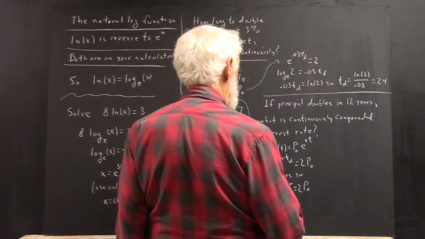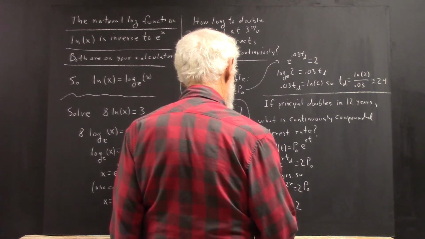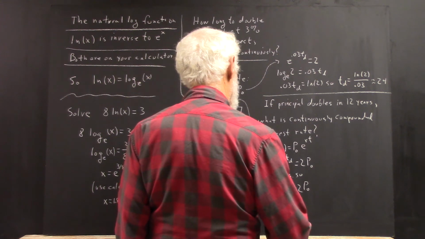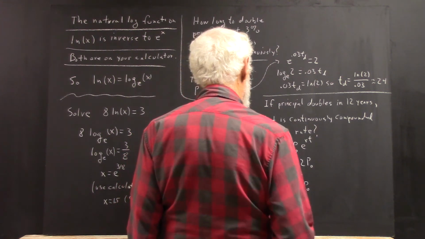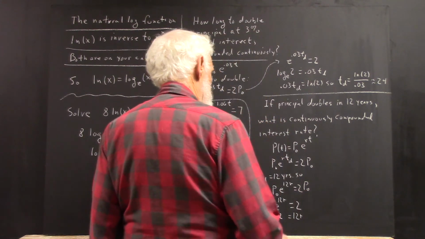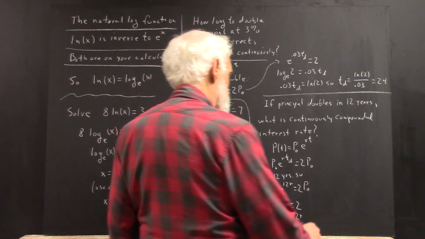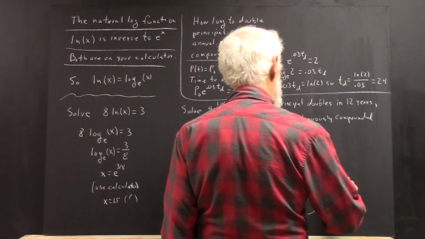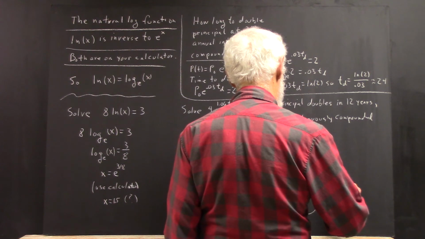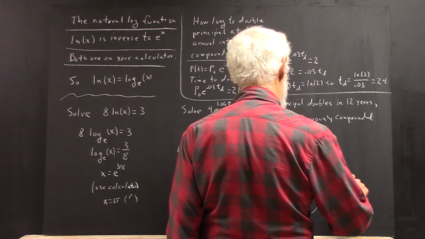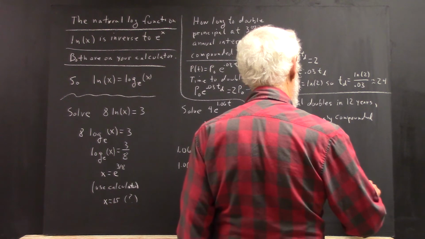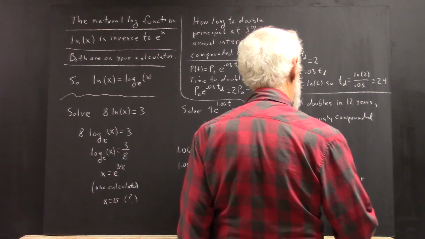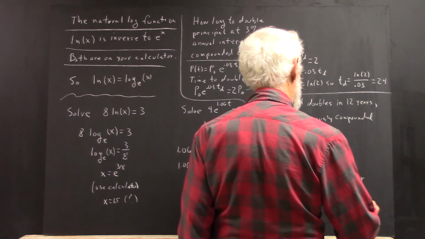So log to the base e of 2 equals 12r. And of course, log to the base e of 2 is the natural log of 2. So the natural log of 2 equals 12r. So that r is the natural log of 2 over 12.